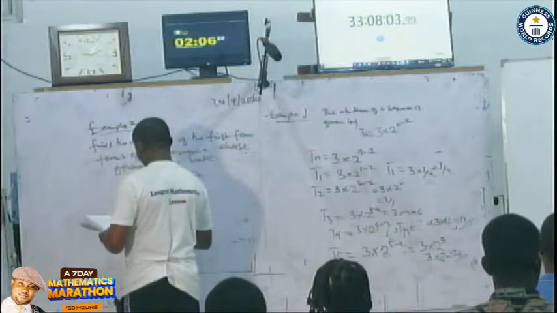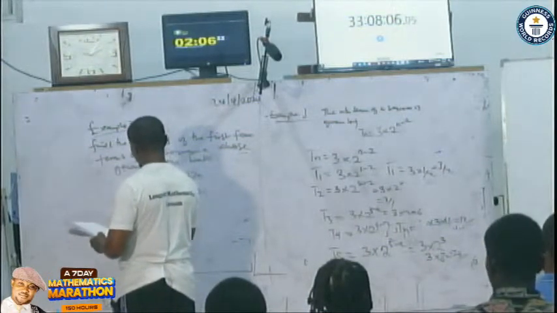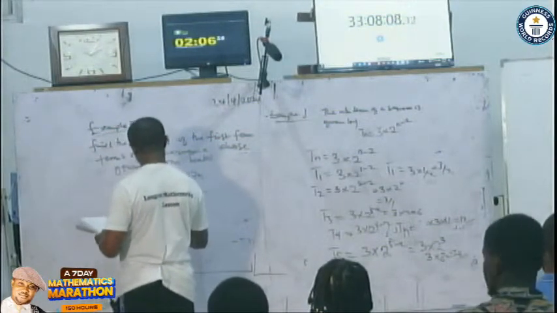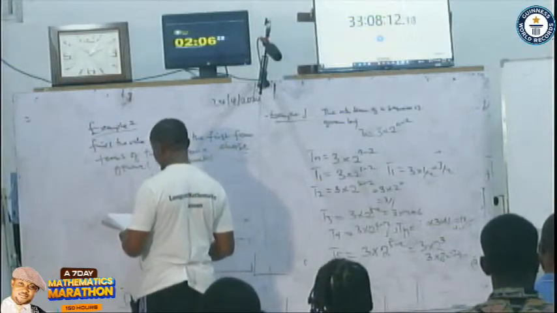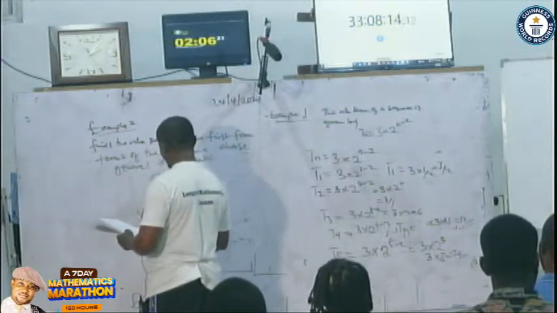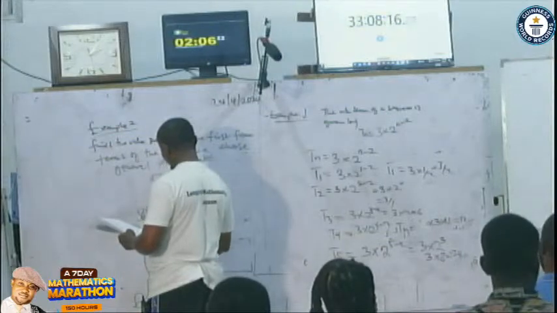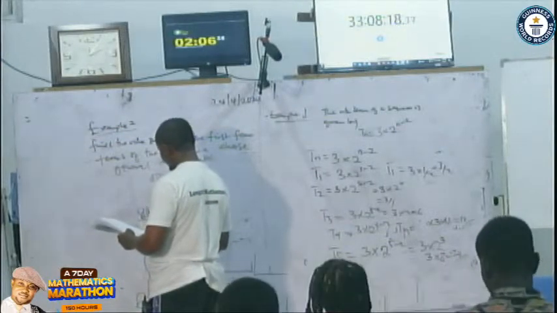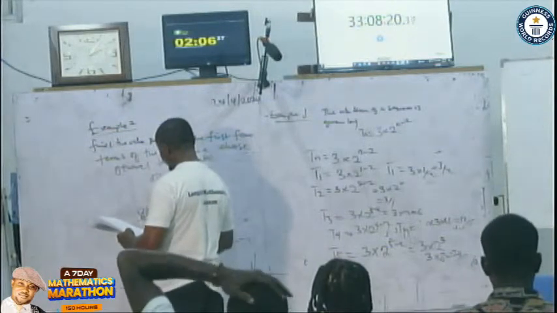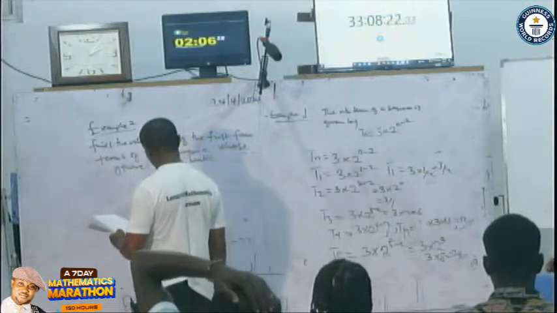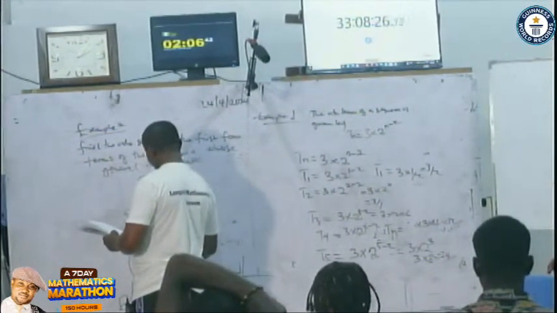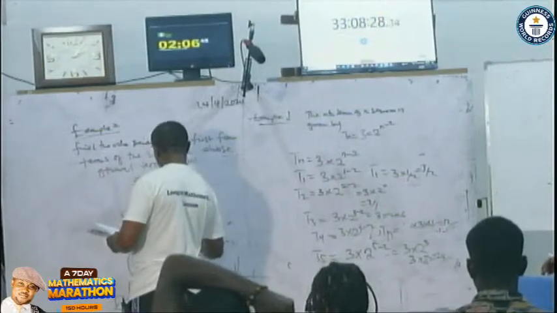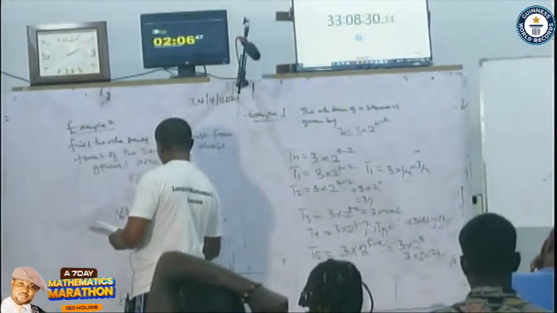Tn equals 3 plus 7n. Put n there, my T1 will be 3 plus 7 into 1, which gives us 10.